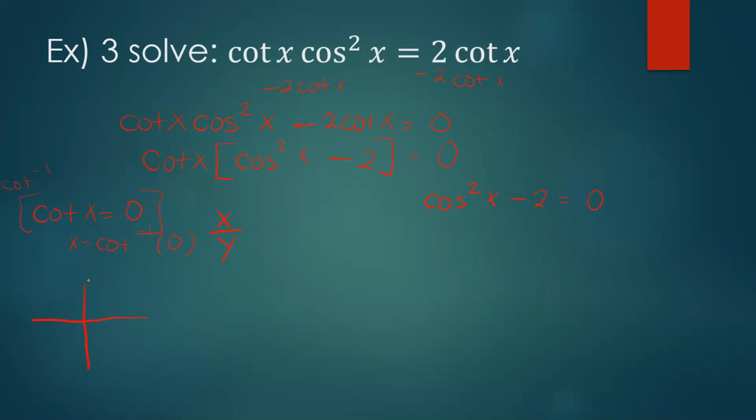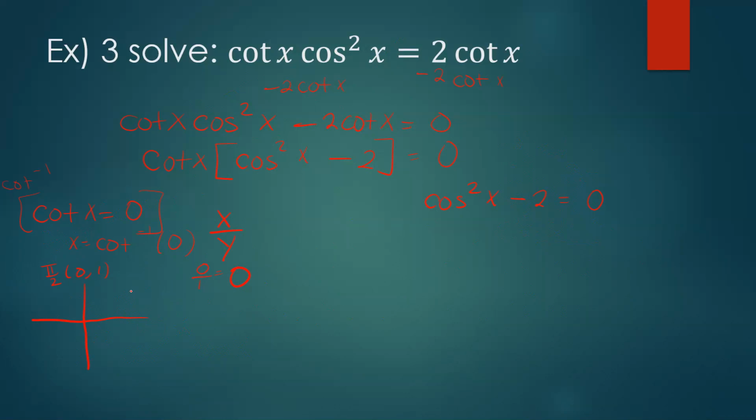So I think the only choice would be pi over 2, because pi over 2 has a coordinate of 0, 1, right? And if you did x over y, that would be 0 over 1, that's going to give you 0. Anything else, like if you did pi or 3 pi over 2 or even 2 pi, it would not give you 0.